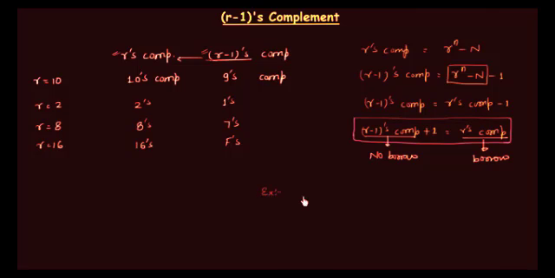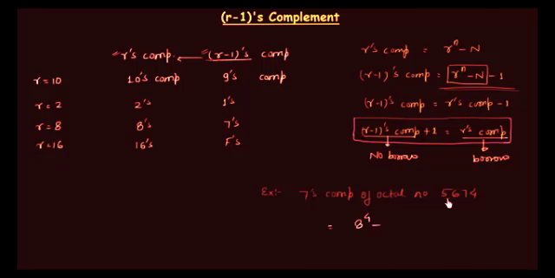Let's take one example for it. We have to find 7's complement of octal number 5674. This is what we have to do. I will use this formula. R is 8, so 8 raised to power 4. We have a 4-digit number.